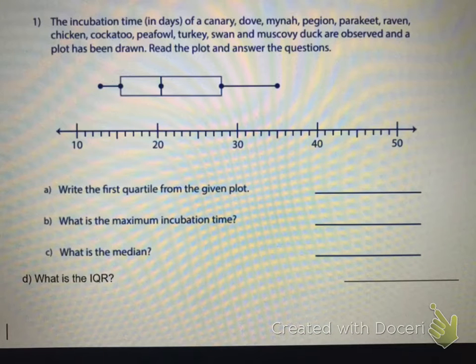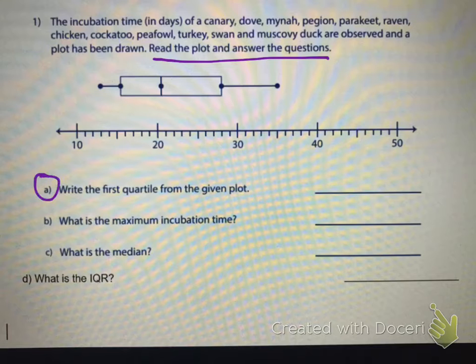All right, let's answer some other questions here. We've got a box plot. It says the incubation time in days of a canary, dove, myna, penguin, pigeon, a bunch of birds, are observed, and a box plot has been drawn. I don't even know how to say half those words. So we're going to read the box plot and answer the questions.